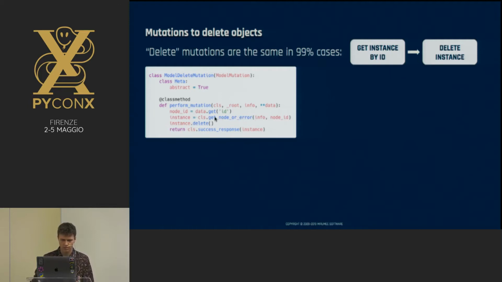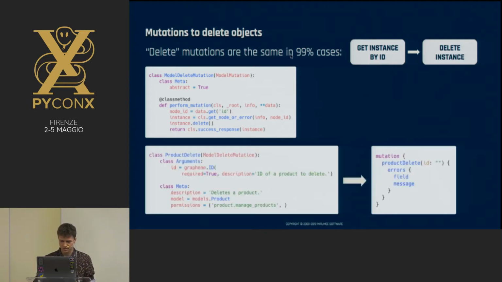This is a small utility that we wrote, get node or error, which is similar to get object or 404 in Django. Also to either get the instance or raise an error if, for example, the ID is incorrect or something like this. And we simply delete the instance. So this is how a particular implementation would look like. Unfortunately, these abstractions are not part of Graphene yet.